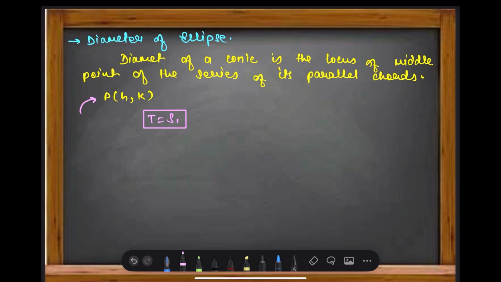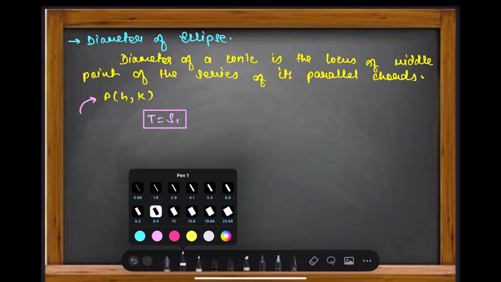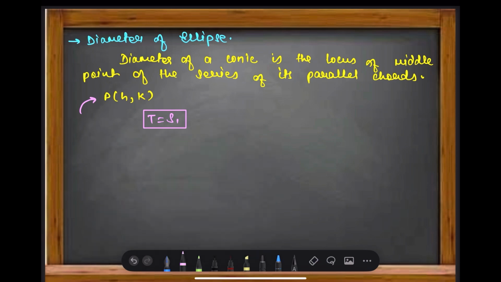Now in that question they will give you the slope of the parallel chords. So now you can compare here. The slope of parallel chords will be given and you have to compare the slope of this thing.